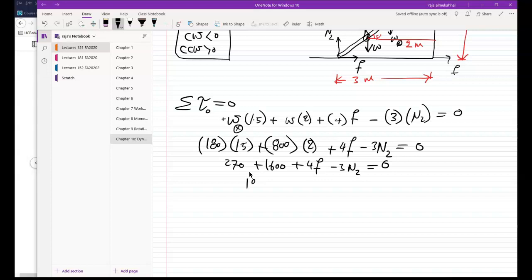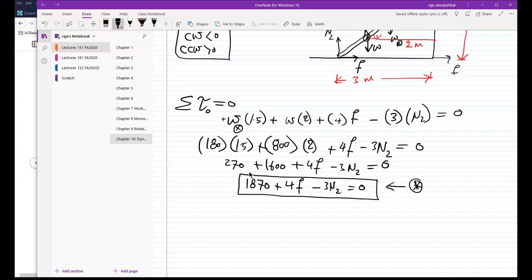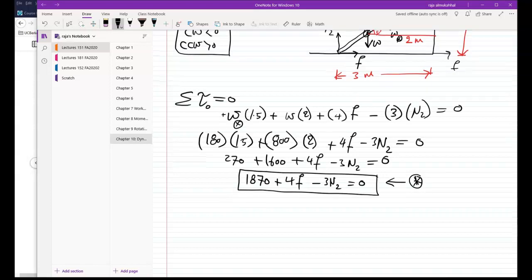And then I end up with 1870 plus 4F minus 3N2 equals 0. And I'm going to box this equation. I'm going to come back to it. I'm not done yet. And I'm going to call it equation star. How about that?